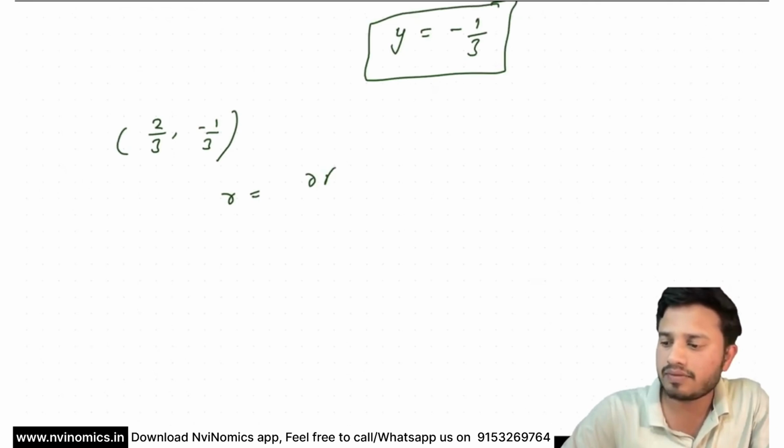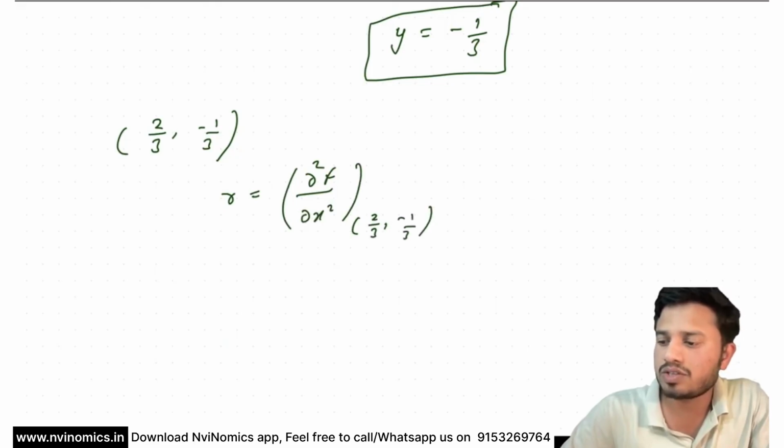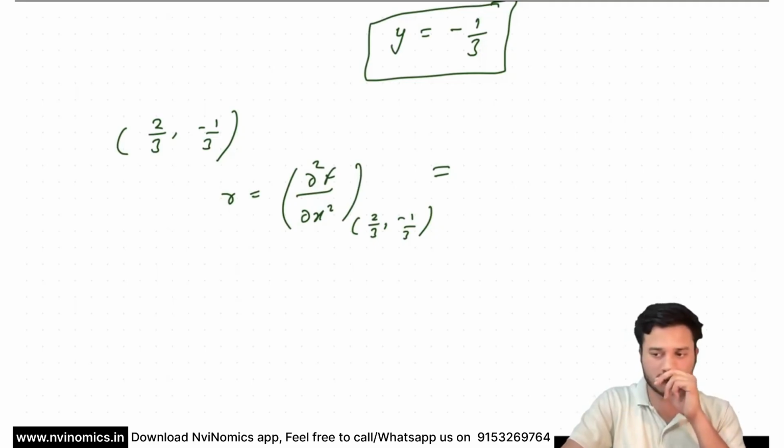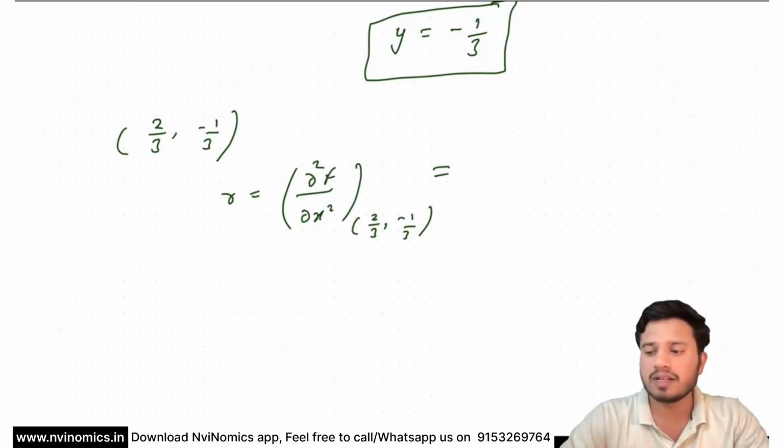What was r? It was del 2 f by del x square at this point, 2 by 3 and minus 1 by 3. We are sure that at this point you will surely have the gradient 0.